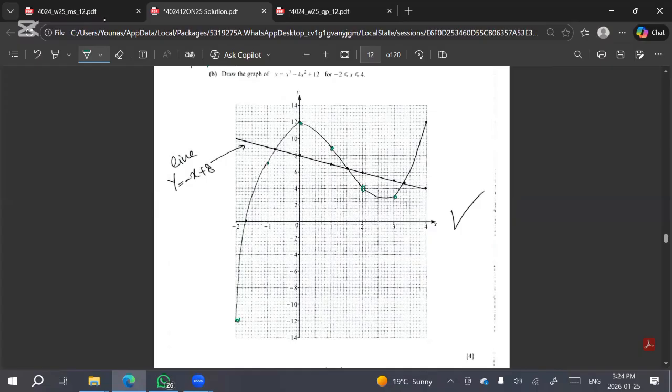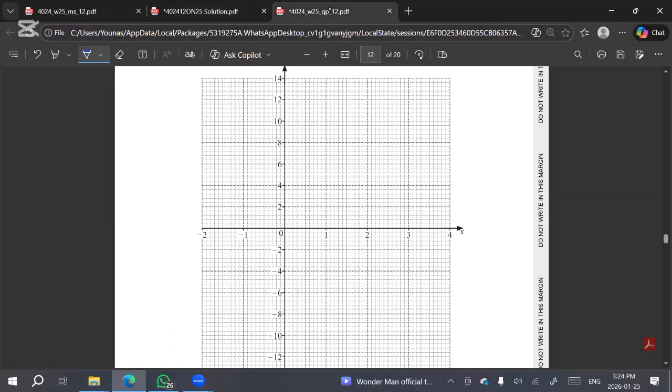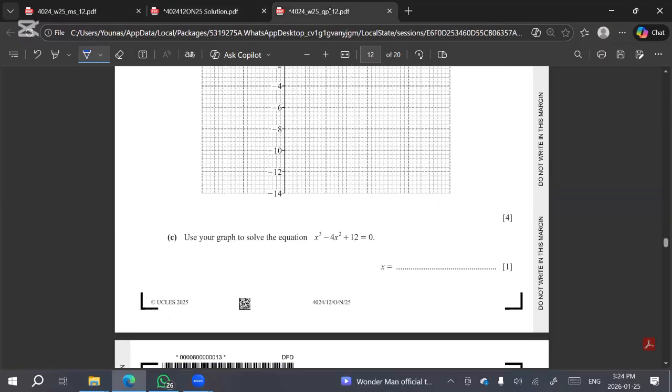Simply plot these points on the grid and then join them with a smooth curve and you will get this shape. Very simple, straightforward, easy peasy question. I hope you have a hard paper in your hands and you can plot these points on that.